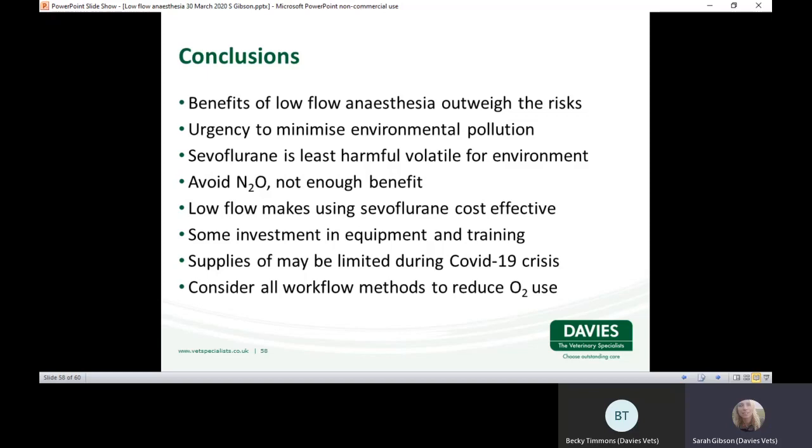And using low flow makes sevoflurane much more cost effective. So there'll be some investment in equipment and training needed, but overall the cost should be worthwhile. And then we need to be aware that supplies of oxygen may be limited during the COVID-19 crisis, so consider all workflow methods to reduce the oxygen use.